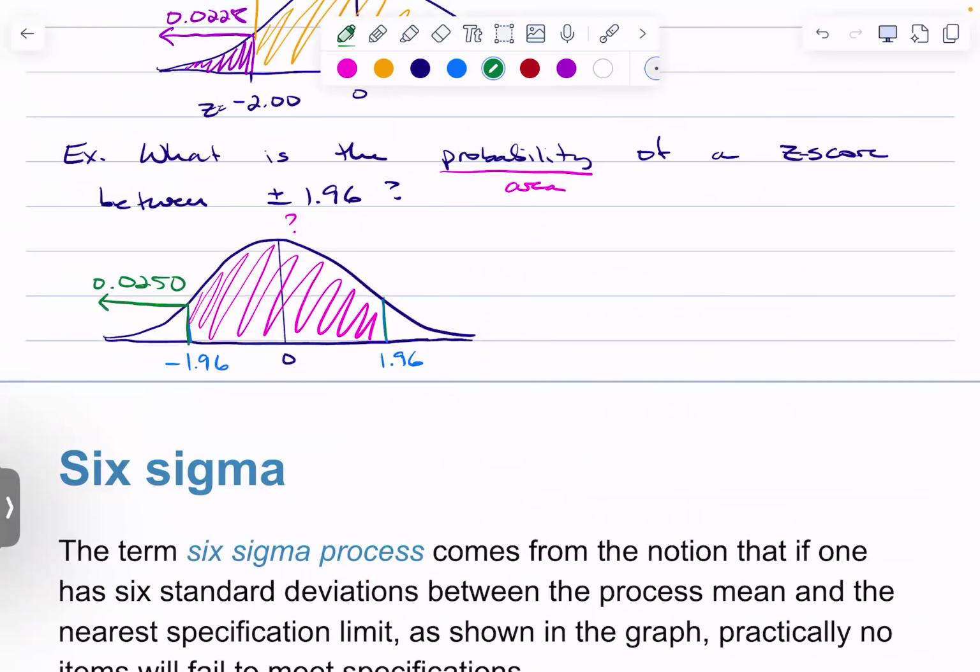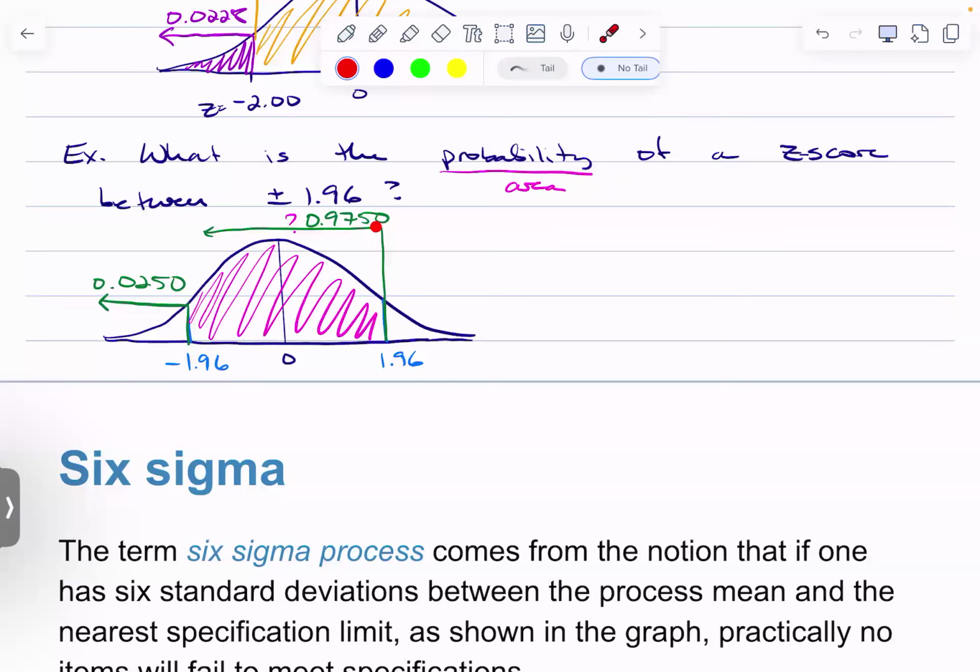So here, if you want, you can label it like this: 0.9750. Opportunity presents itself, right? I see.